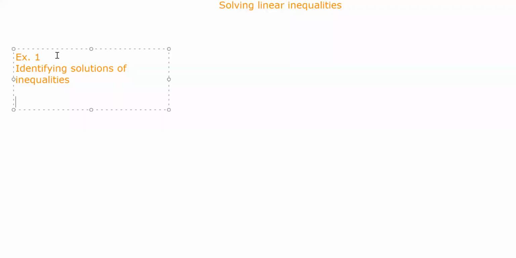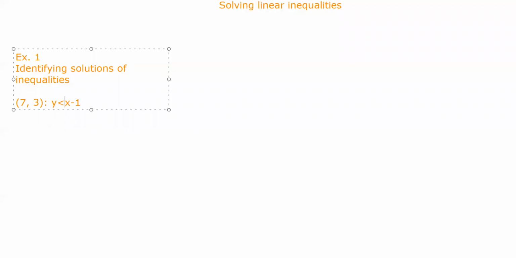We have the ordered pair 7, 3, and the inequality is this one. The inequality we have is y, but it's not equal. Remember, it's an inequality, so I'm comparing it with the equations we had in the other topic. Here you have y less than x minus 1.